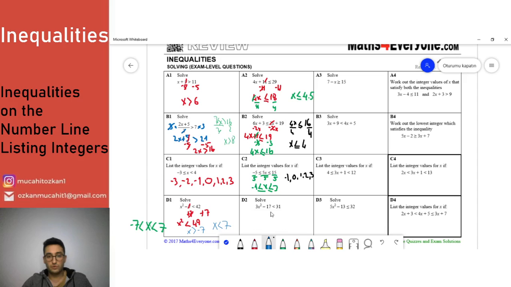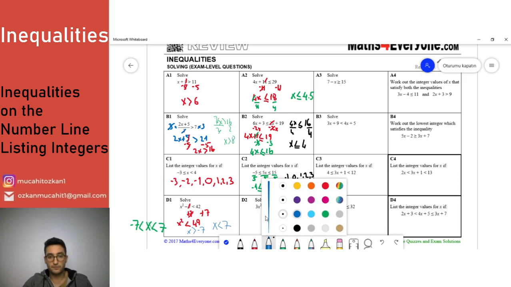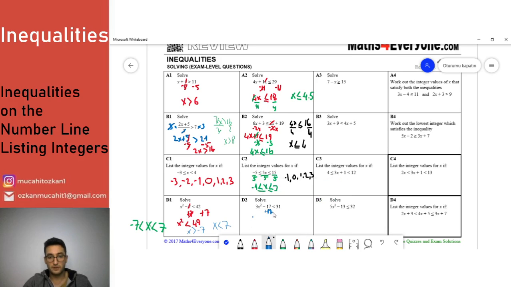Question D2, I'm going to add 17 on both sides. Plus 17 here, plus 17 here. Then we will have 3x squared is less than or equal to 31 plus 17. That makes 48. And let's divide both sides by 3.